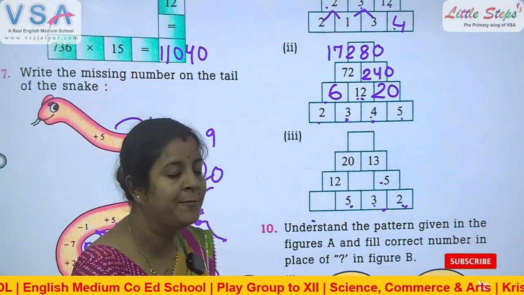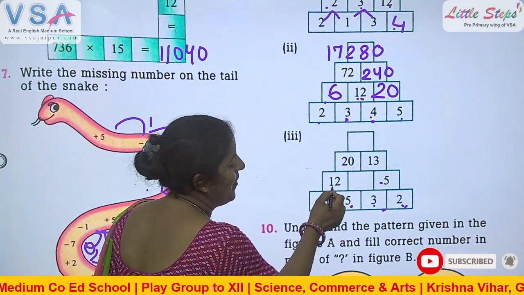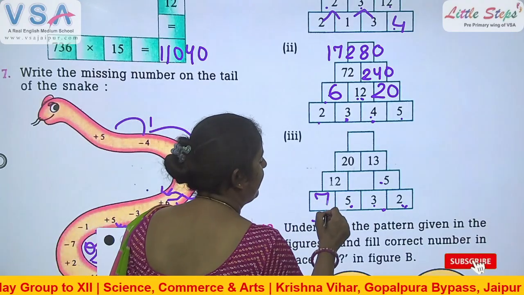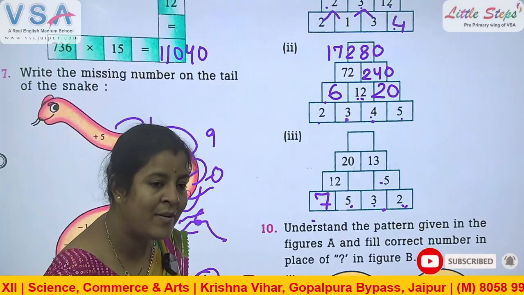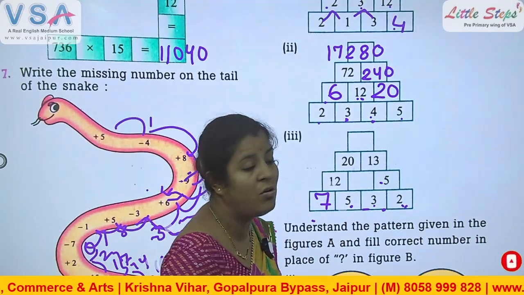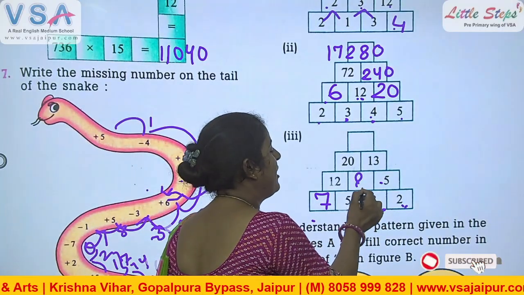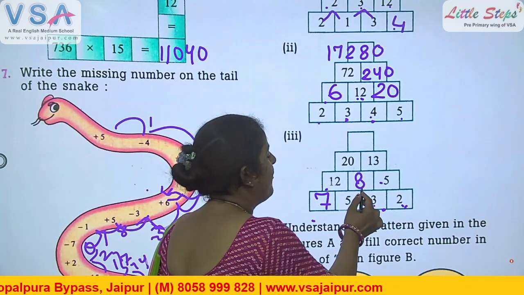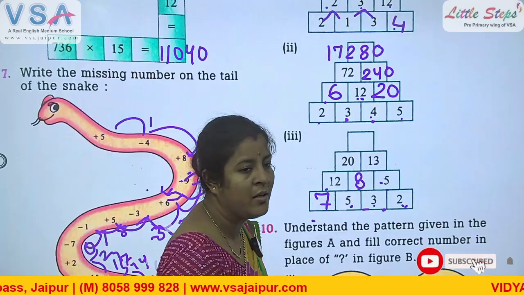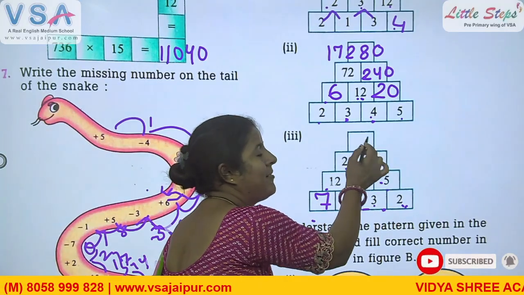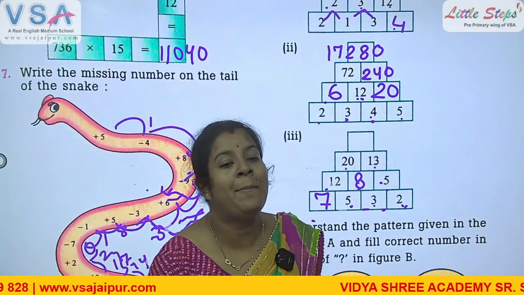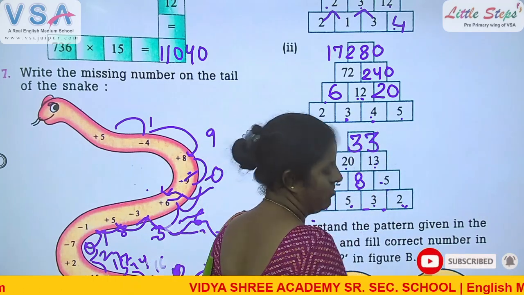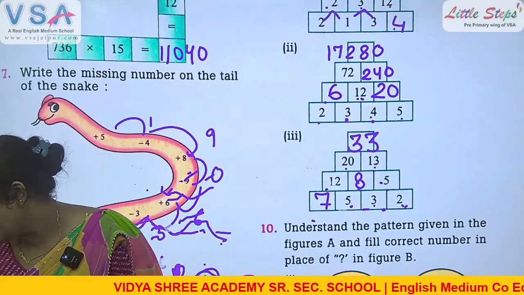So we can write 12, 5. So which number is missing on this side? 7. So 7 plus 5 equals 12. 3 plus 2 equals 5. Then 5 plus 3 equals 8. 8 plus 5 equals 13. And Avi, 20 plus 13. 33. Right now? Yes class, write the answers.